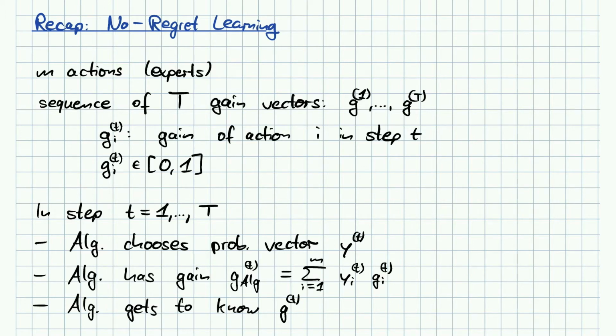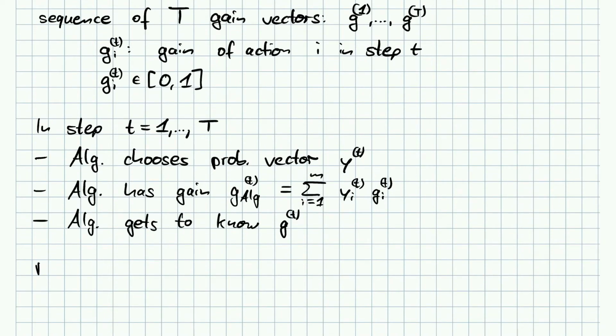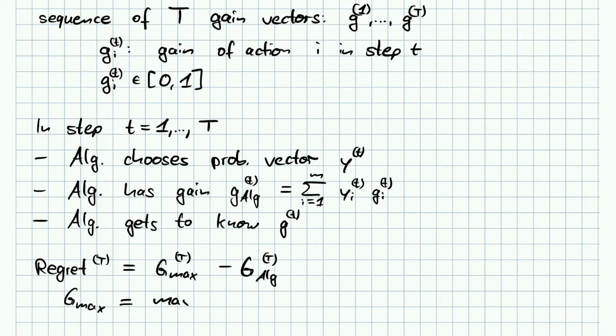And then we defined the regret of an algorithm as the maximum gain minus the gain of our algorithm. So this G_max, this is the best single action in the sequence.